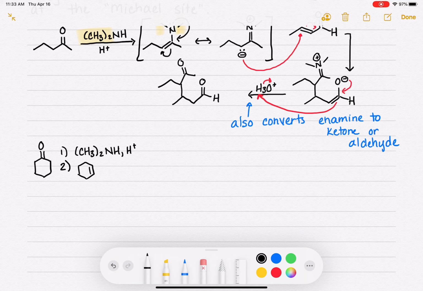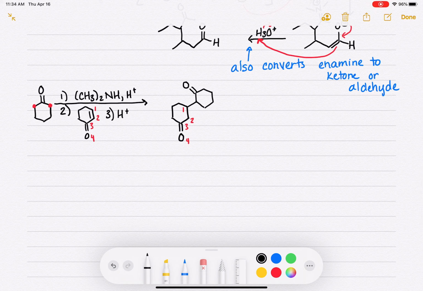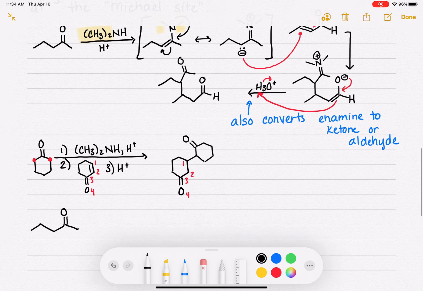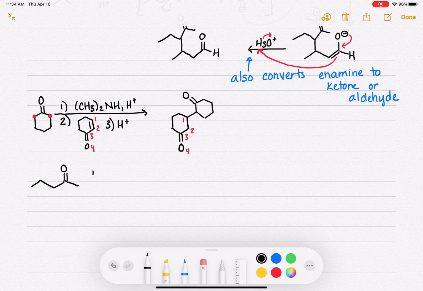Let's look at one more example. Sometimes, because the amine doesn't actually matter, it'll just say R, because it really doesn't matter.